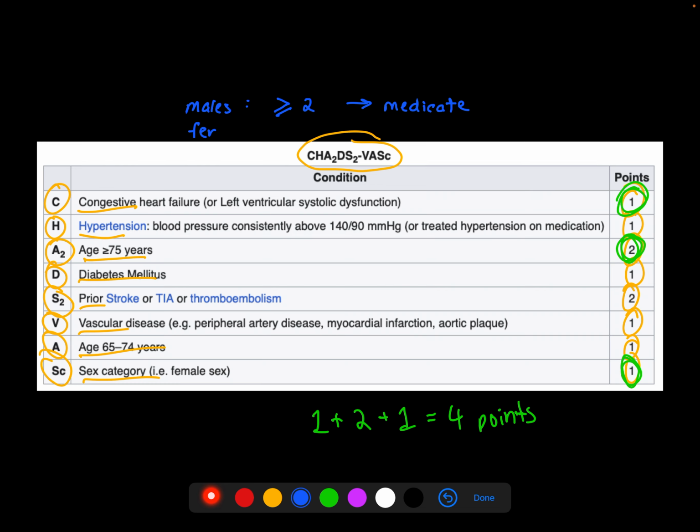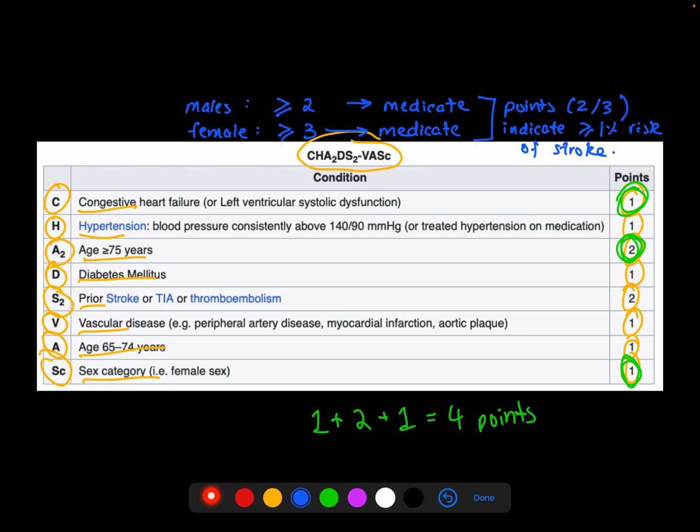If you have a female patient, if your score is greater than or equal to 3, you medicate as well. Because these points, so 2 or 3 for male or female respectively, indicate greater than or equal to 1% risk of stroke.